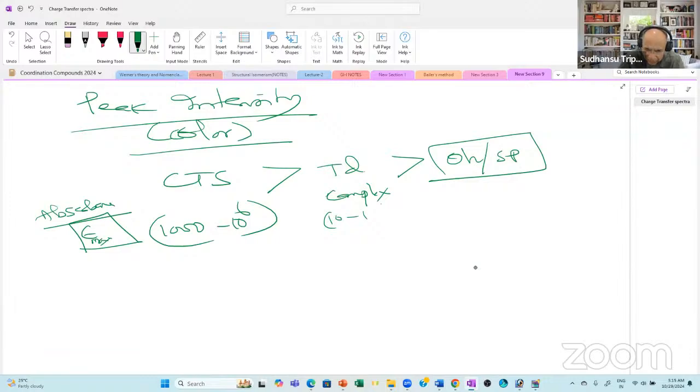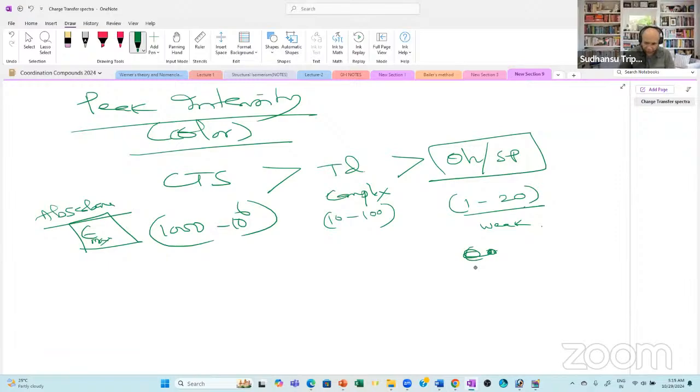Can it go to 1000? We'll check. But this will be about 1 to 20. So low intensity, very weak peak, as well as the color is very mild, very faint, weak intensity color. This is moderate, and this is this.